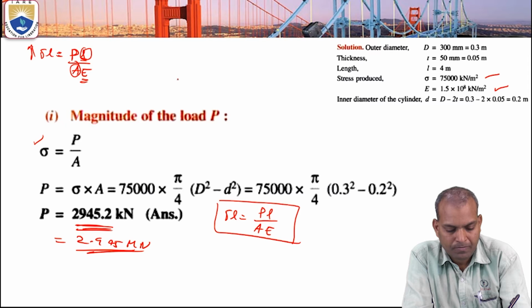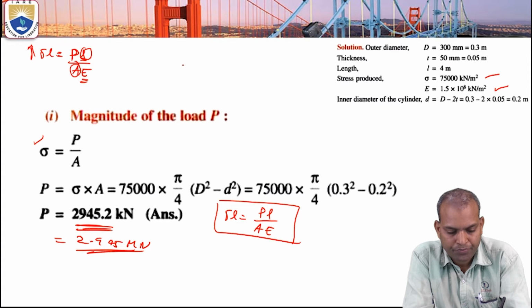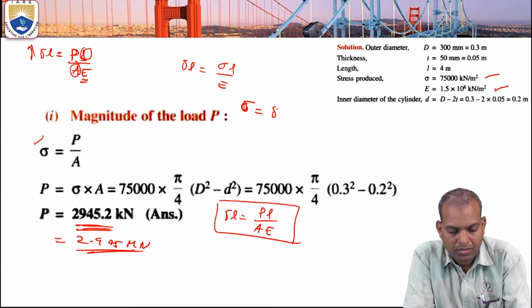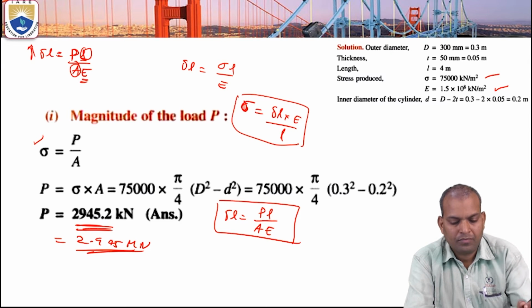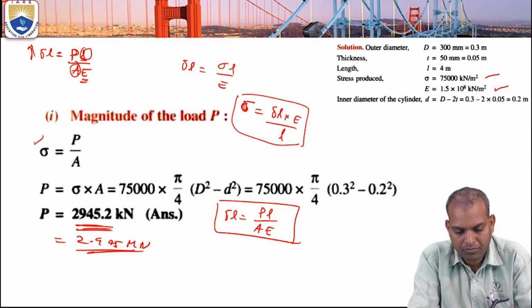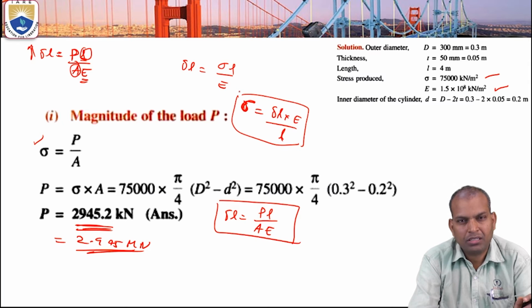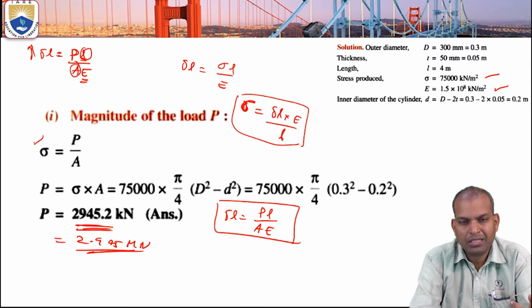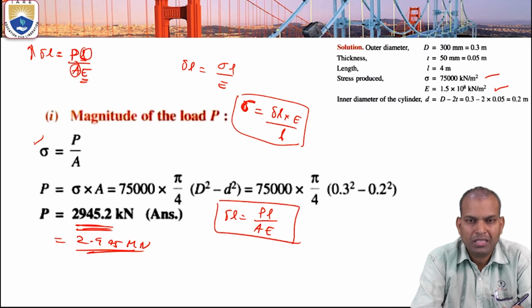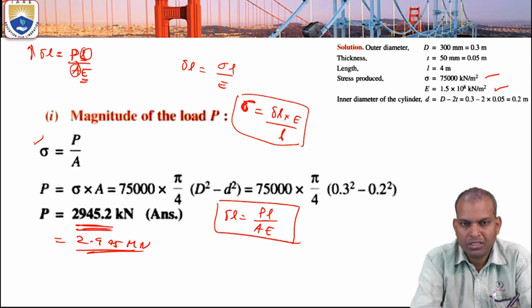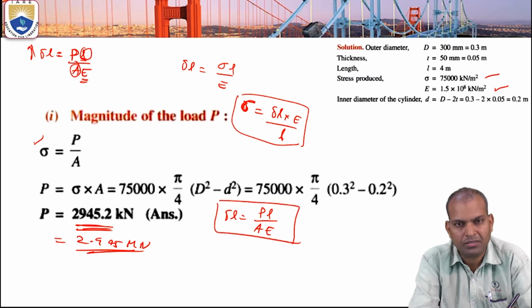If we consider the stress value, the stress equals sigma, that is delta L by L times E. So the stress occurring in the body of a material is dependent on the modulus of elasticity and also the strain.